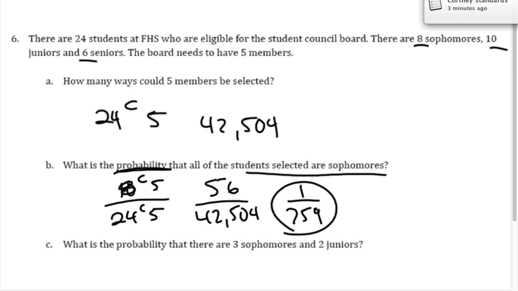Not very good chance. So what's the probability there are 3 sophomores and 2 juniors? Well, the probability of that's going to be 2 parts. All right, so I need to pick 3 sophomores and 2 juniors out of the 10.